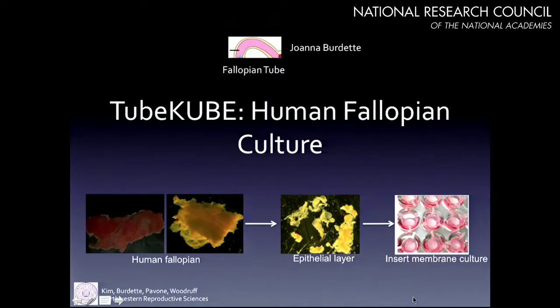So next I'm going to talk about the tube cube. This is the fallopian tube that we get from human fallopian tubes from after surgery. And what we do, we just peel off that epithelial layer and then we culture that in transwell membrane culture systems. And these systems do survive for prolonged periods of time throughout the whole menstrual cycle. And one of the characteristics that we are able to study from fallopian tube cells is actual cilia beating.